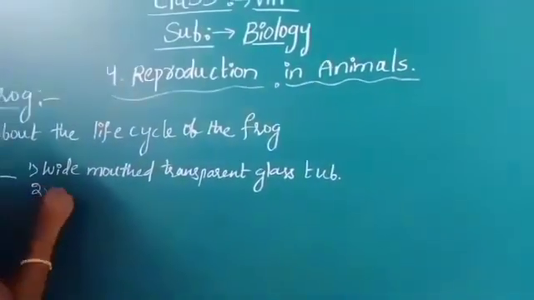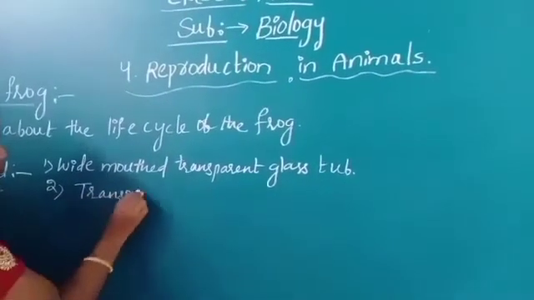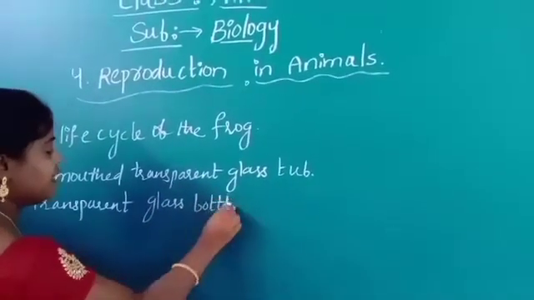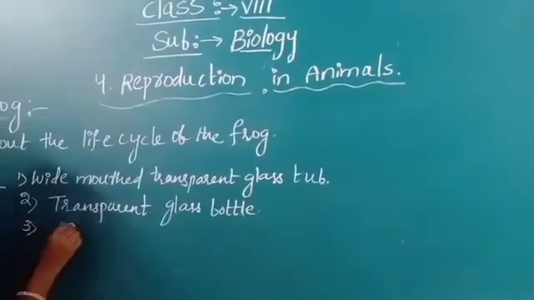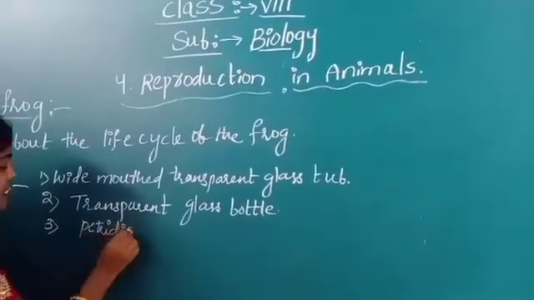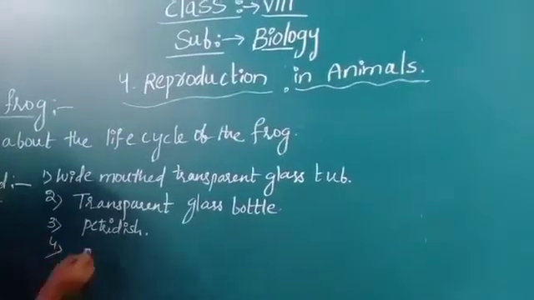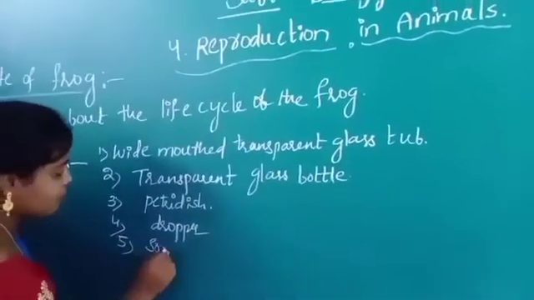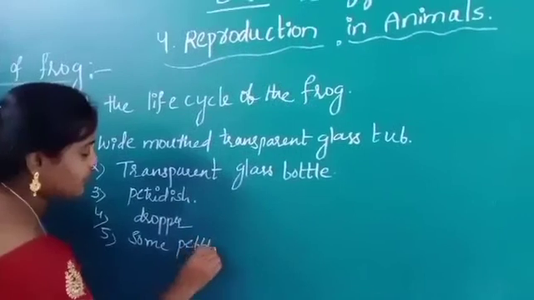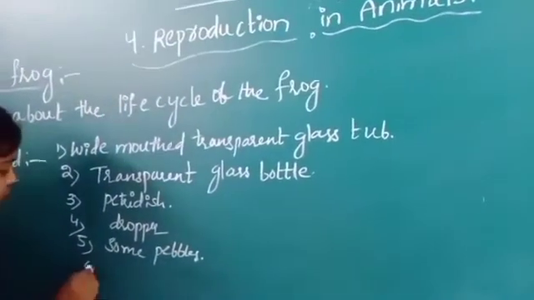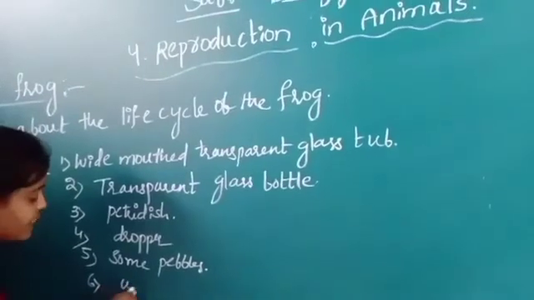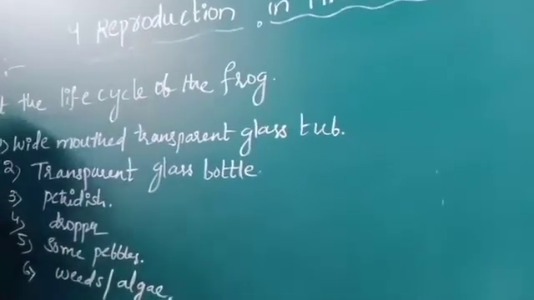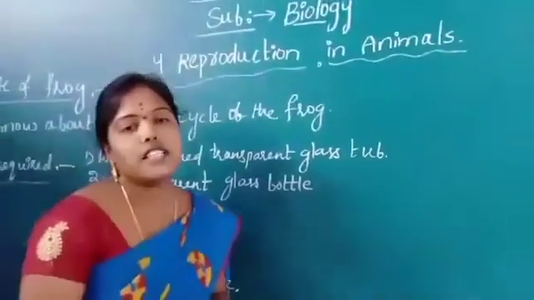The second one, transparent glass bottle. The third one, petri dish. Fourth one, dropper. Fifth one, some pebbles. Sixth one, weeds or algae. So these are the materials required to do this lab activity.